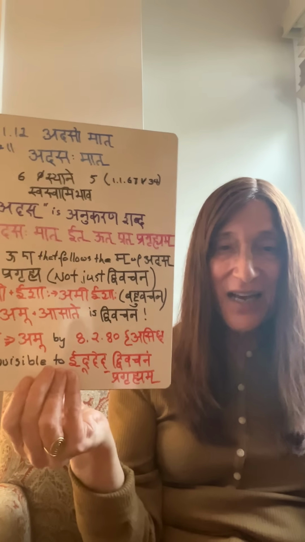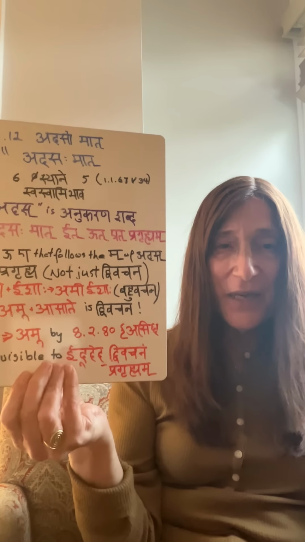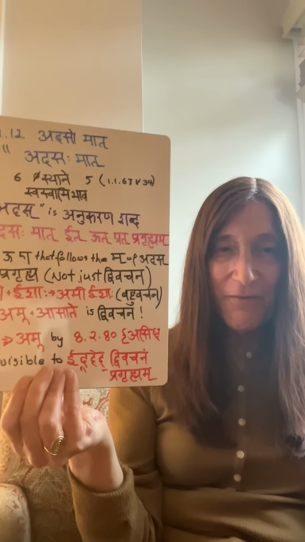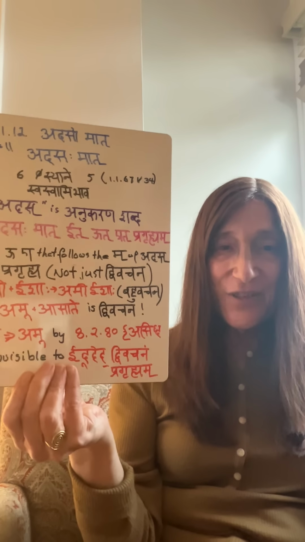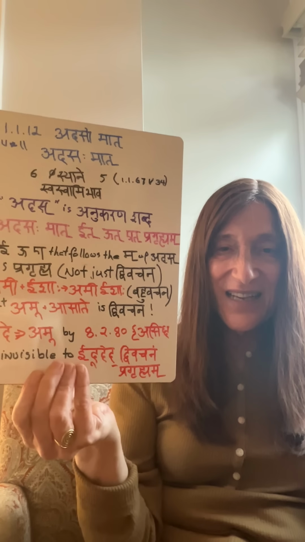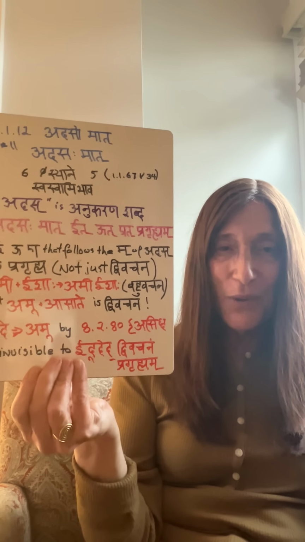So this sutra, which was sitting there at the very beginning, is an example of compensating for an invisible change in the asiddhitva portion of the grammar.